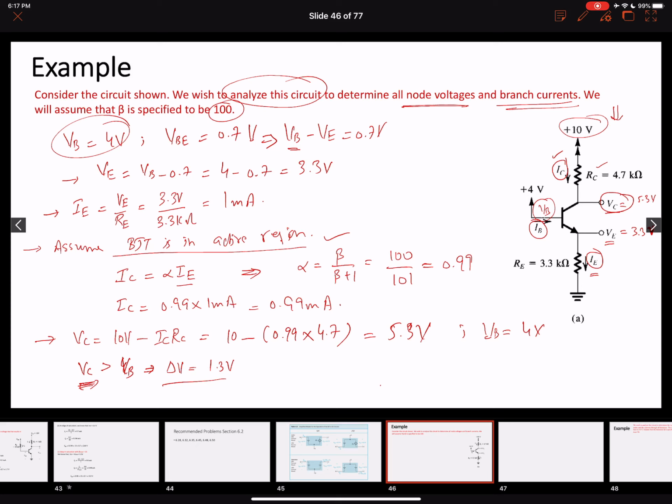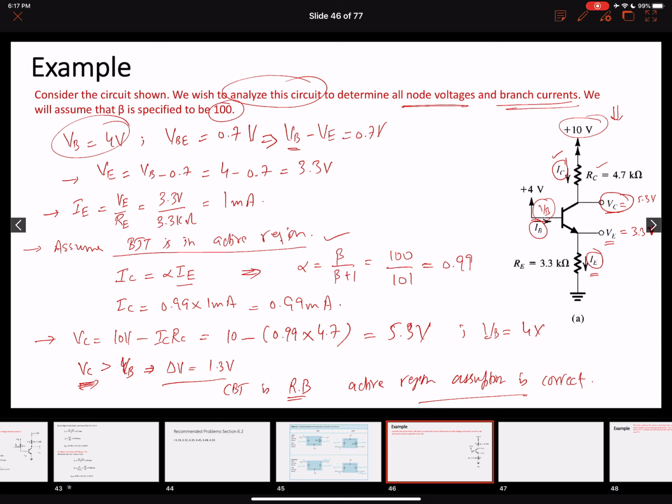So this means that our collector to base junction is reverse biased and the active region assumption is correct. Okay, great. So our assumption was correct. By now we have the collector current, the collector voltage, the emitter voltage, and the emitter current.